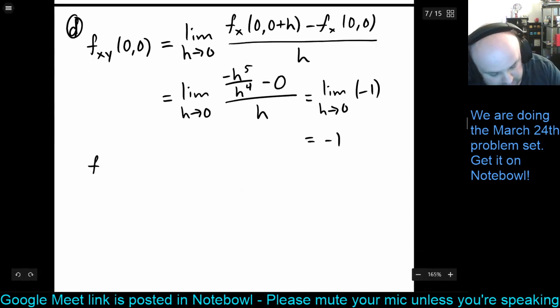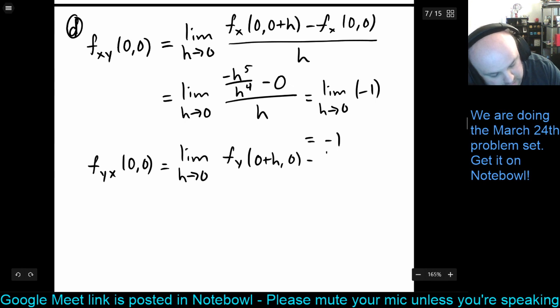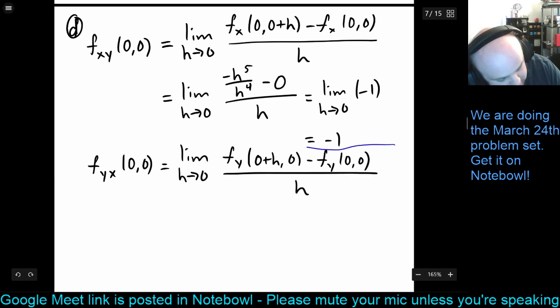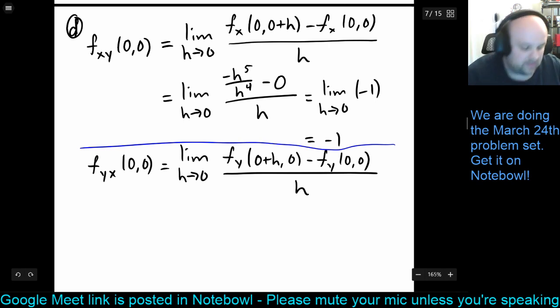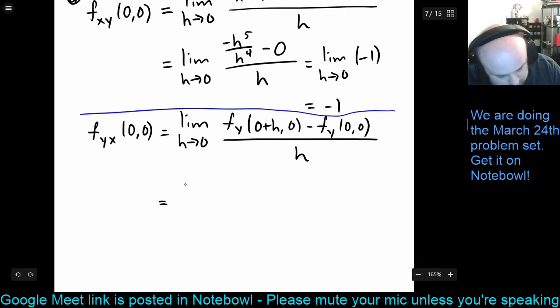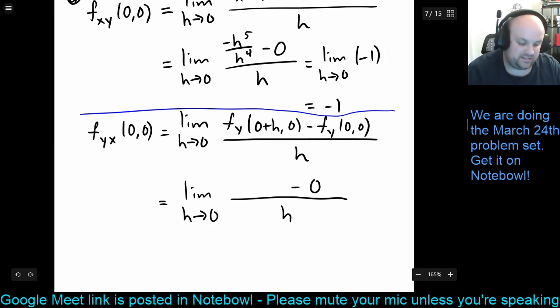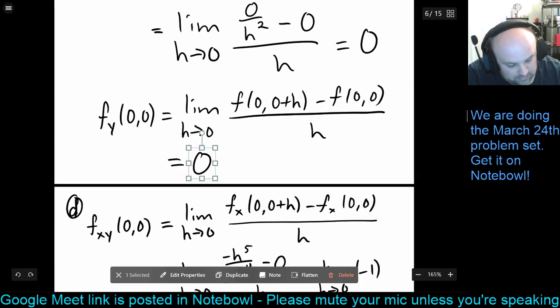If we do the same thing for f_yx at (0, 0), this is going to be the limit as h goes to 0 of f_y(0 plus h, 0) minus f_y(0, 0), over h. Let's fill in a little of these gaps before we scroll back up. These two things we already know from here.